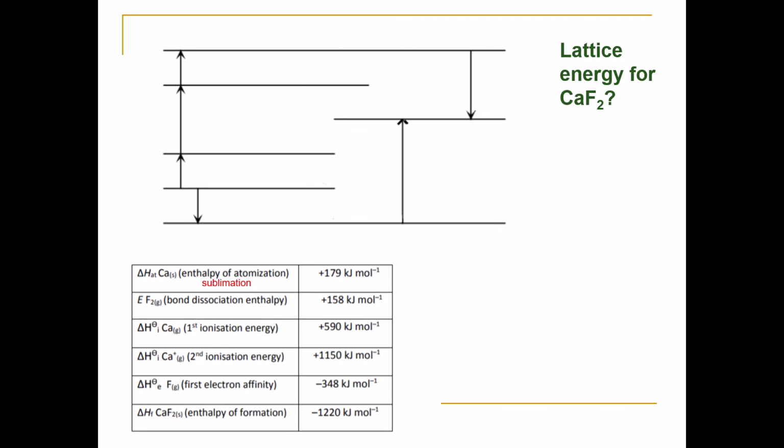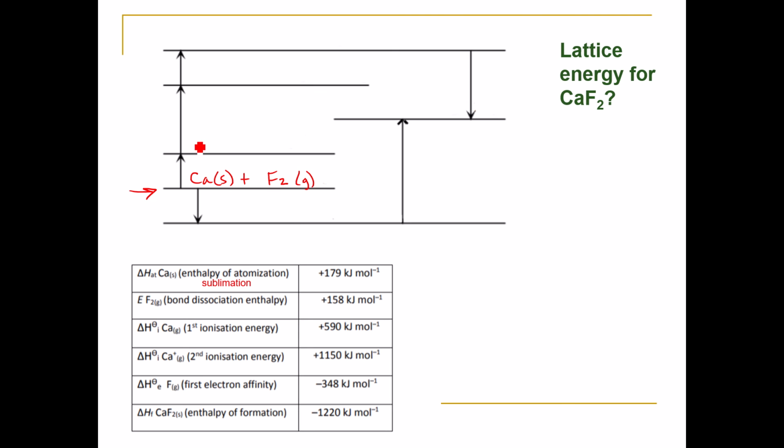Alright, so let's look at the Born-Haber cycle for calcium fluoride. Same ideas, same setup. This is where we're starting. We are starting with calcium, elemental. We're starting with our fluorine, and this is gas. So first thing we want to do, we have to ionize calcium.